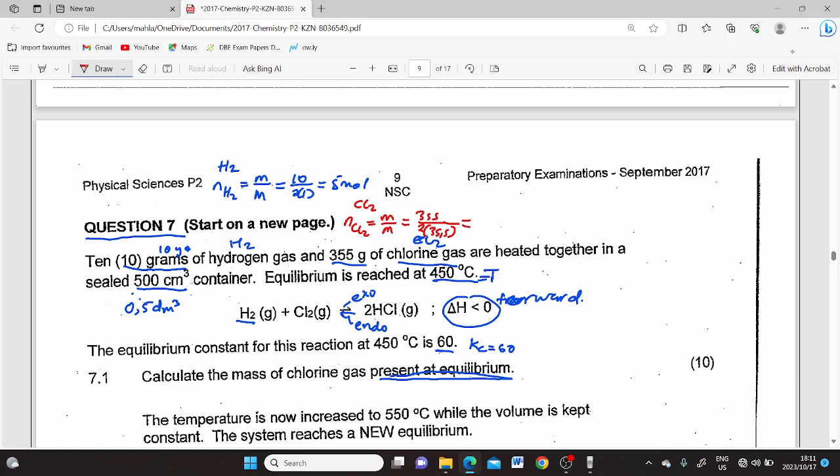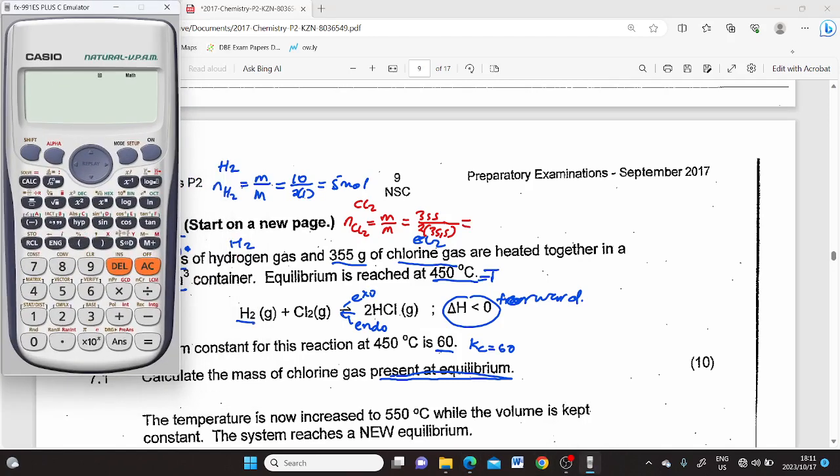Let's pick up our calculator. So we're going to have 355 divided by 2 times 35.5.